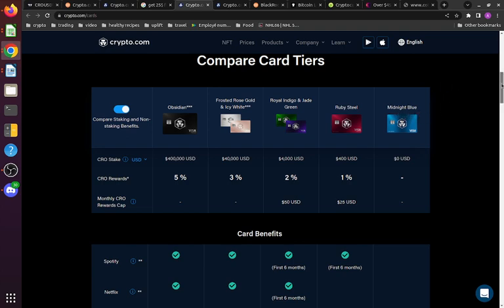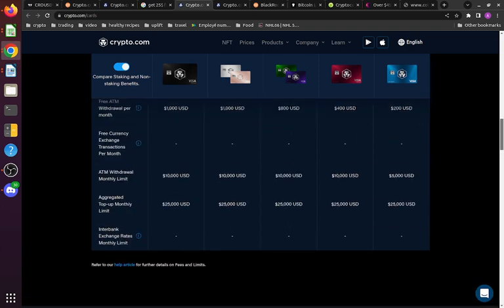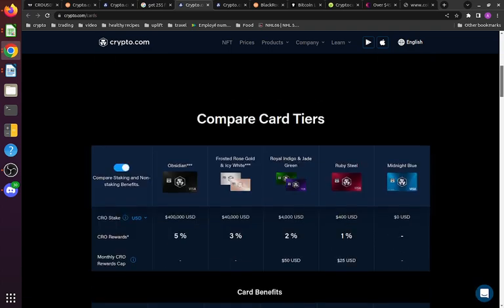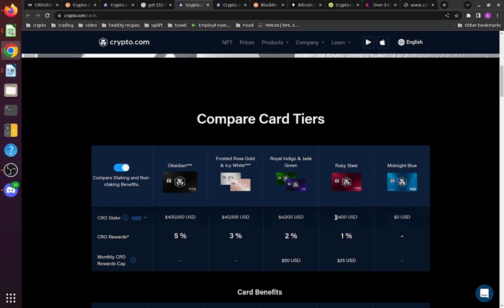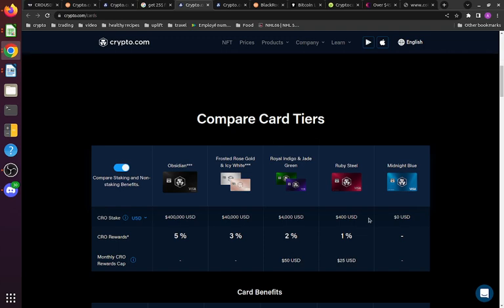Alright, now if you want to take the card, if you take the Midnight Blue card, it's more to make a statement, because you don't really have any benefit. The Ruby Steel, you need to stake for $400. So how it works: you need to buy for $400 and stake it for 180 days. When you start to stake it, then you have these advantages.